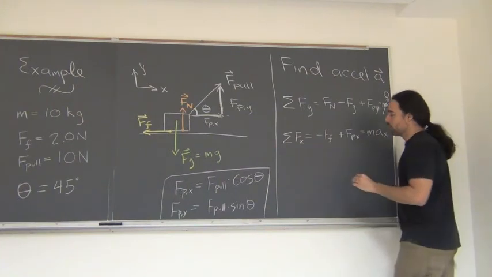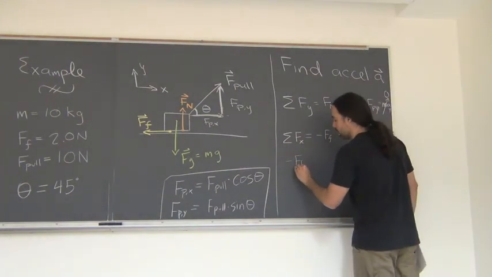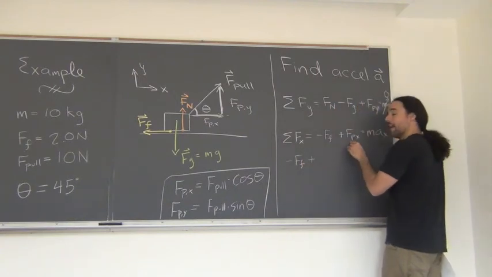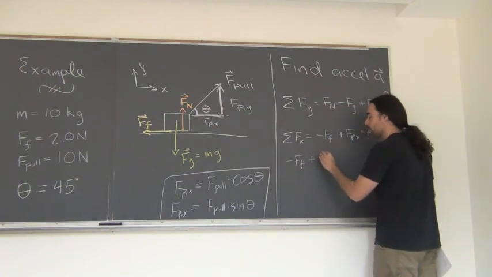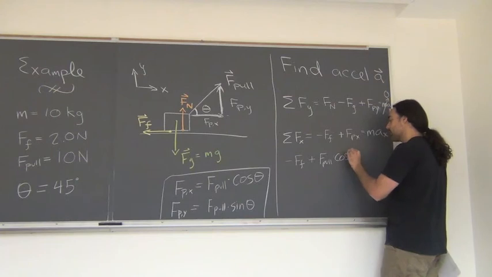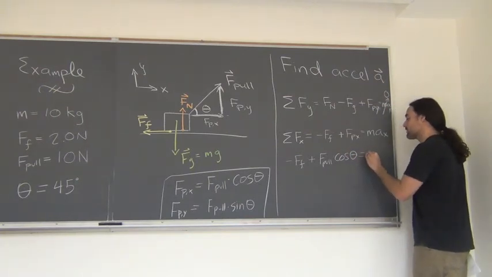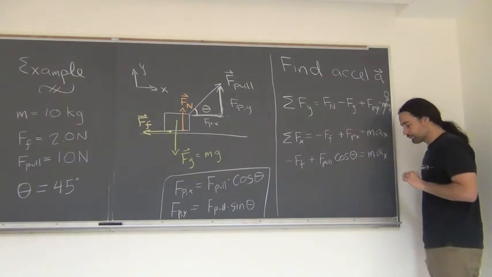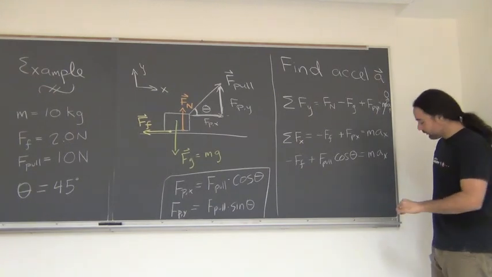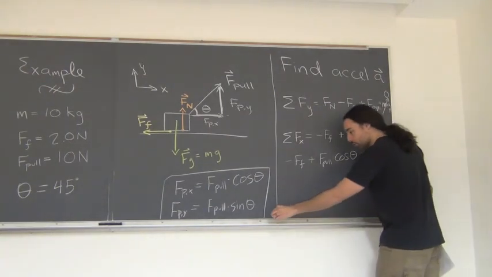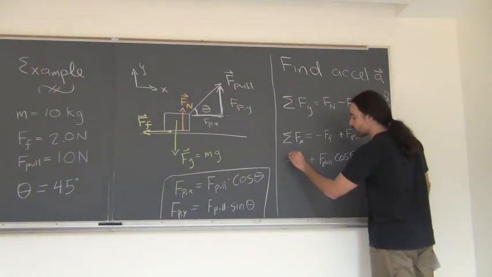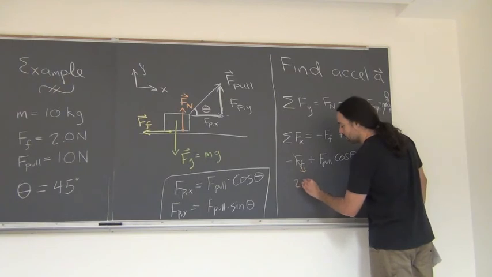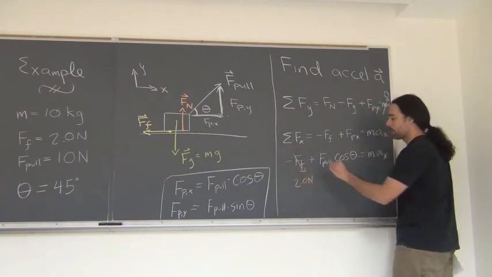We can rewrite this equation as minus the force of friction plus Fpx, but we know Fpx is the pulling force times the cosine of theta, has to equal the mass times the acceleration. From this, we should have enough information to solve now, because I know that the force of friction gives a 2 Newton force.